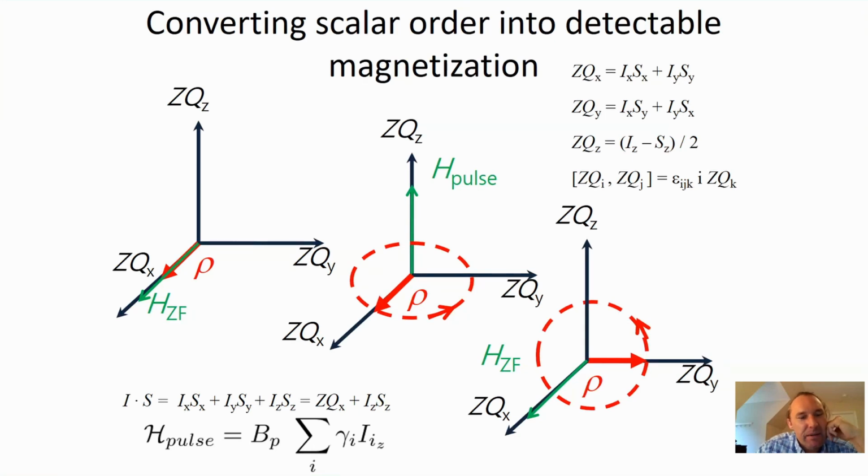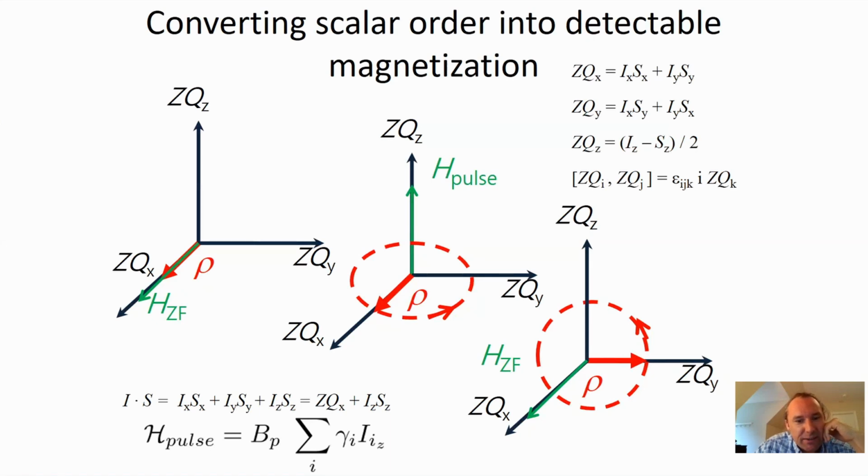How do we do this? We apply a pulse, and what that means is we're generating an interaction that acts in the z direction, because a pulse's magnetic field is typically in the z direction, which is our quantization axis. So during the action of the pulse, the Hamiltonian goes from zero quantum x onto zero quantum y. That's what is going to give us most signal.